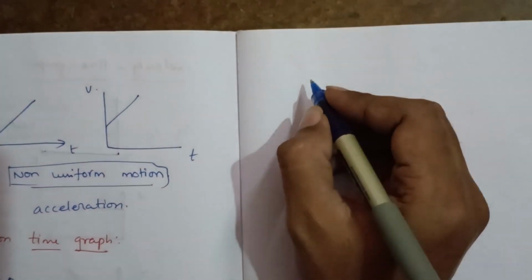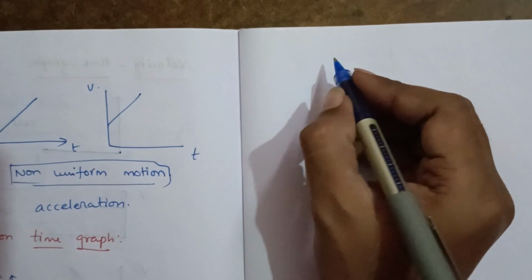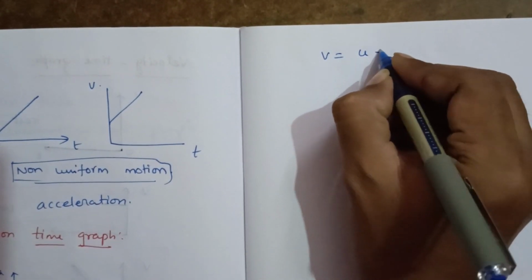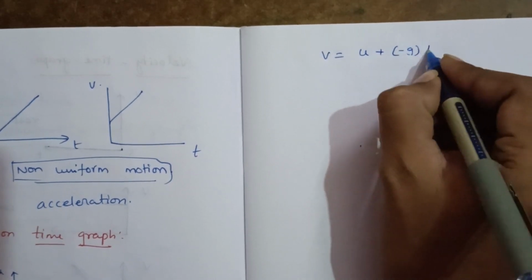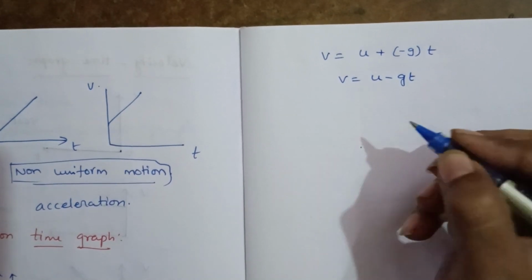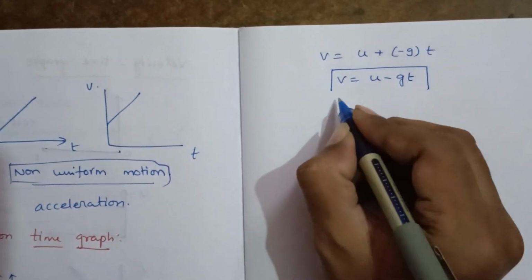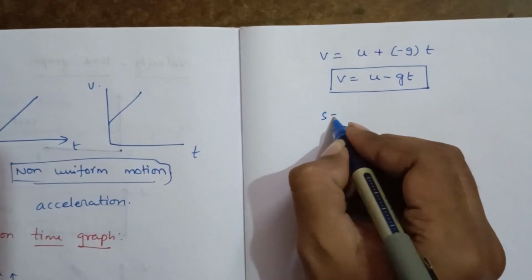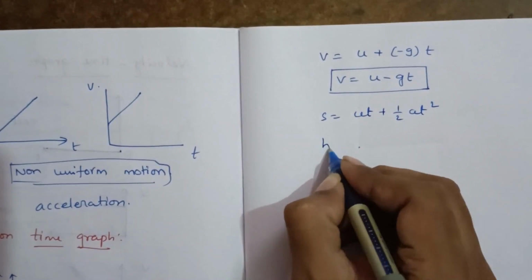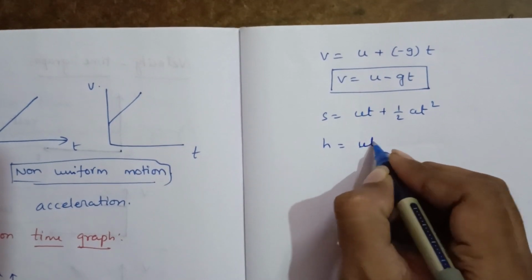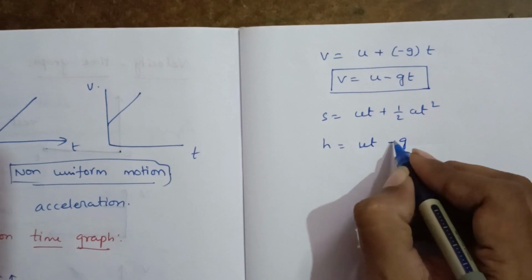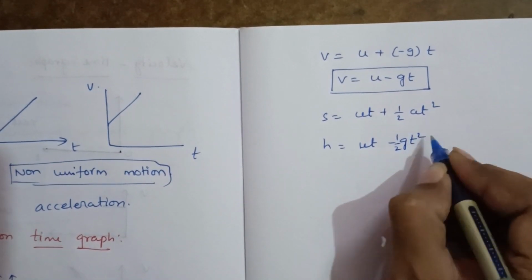The first equation is v equal to u plus at, where a becomes minus g, so it can be written v equal to u minus gt. Second equation, s equal to ut plus half at square, can be written as h equal to ut minus half gt square.